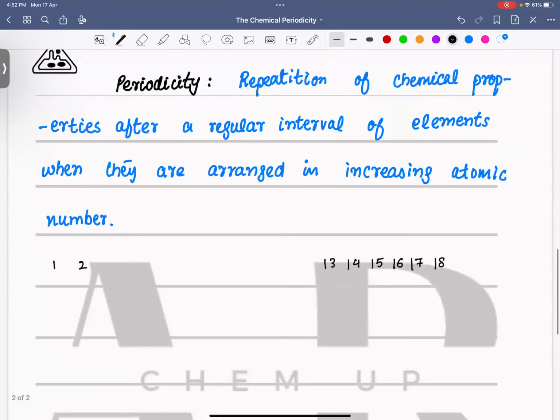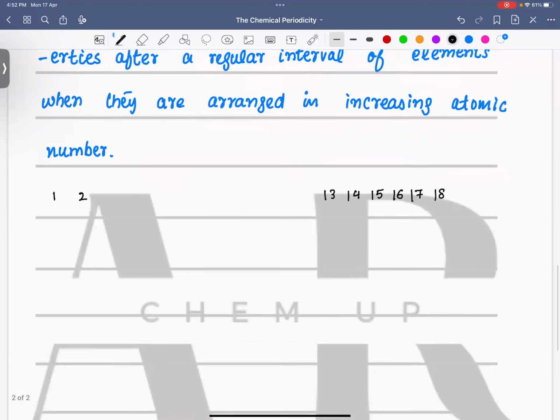Now, here we have the periods. In the first period, in the middle, you are going to find hydrogen and helium. Then in the second period, we find lithium, then beryllium, and after beryllium, boron, carbon, nitrogen, oxygen, fluorine, and neon, right?